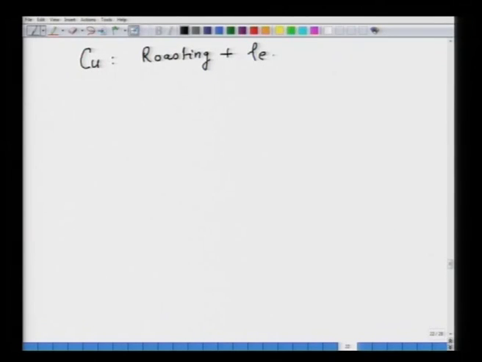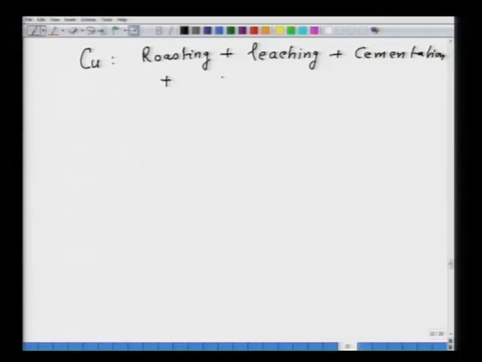So, for copper, roasting, then followed by leaching, followed by cementation or hydrogen reduction, whichever it is, plus electrolytic refining. For aluminum, you have bauxite which is an oxide ore.